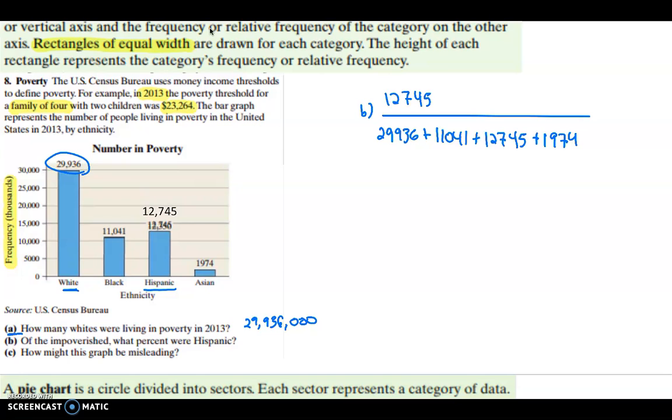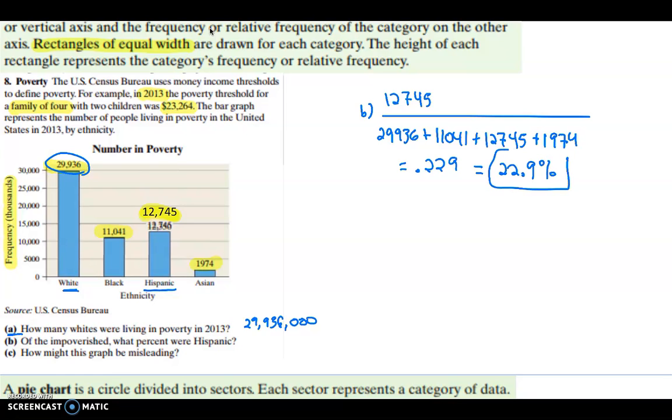Again, we're taking the number of Hispanics, which was 12,745, and dividing it by the sum. So add up all of these numbers, and that will be our relative frequency. When I add those up and then divide, I get about 0.229 or 22.9%, because the question is asking what percent were Hispanic.